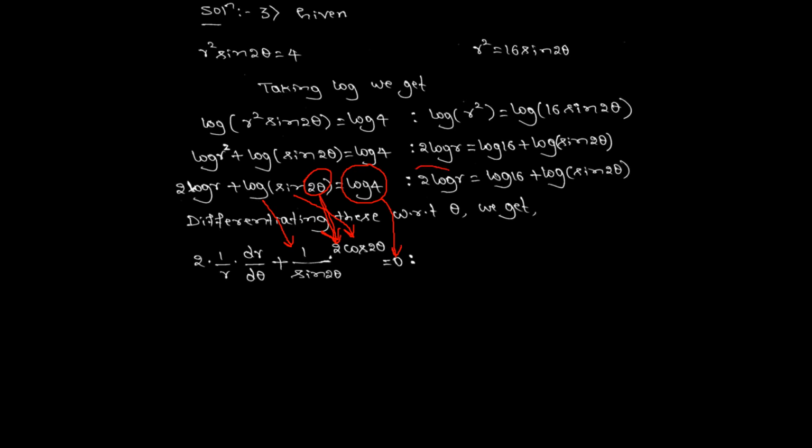Let us differentiate the other equation. Differentiation of 2 log r is, we write 2 as a constant as it is, and the differentiation of log r is 1 by r dr by d theta. Differentiation of log 16 is 0.